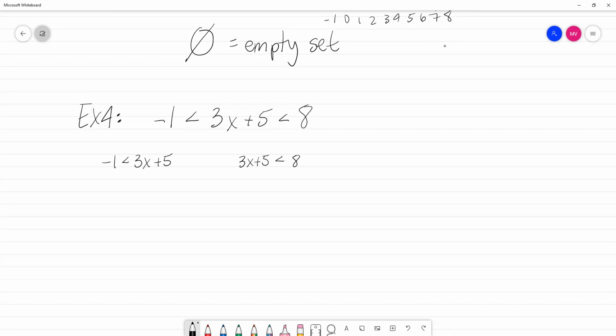So we could solve for x. When you do that, if we look at this one here, Andrew, -1 is less than 3x plus 5. What do we need to do to solve for x? What's our first step?